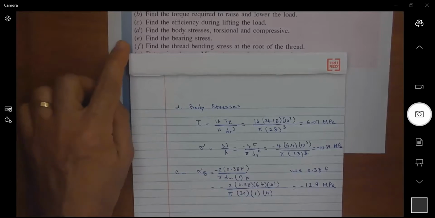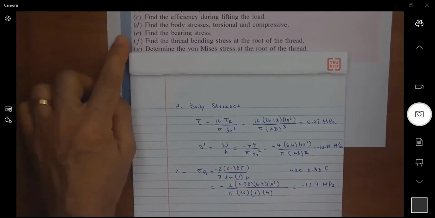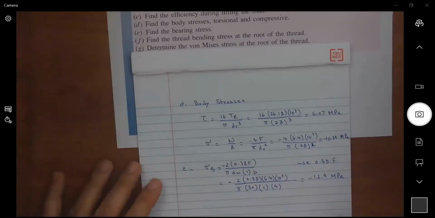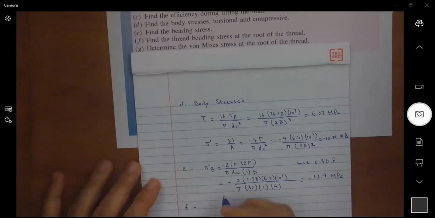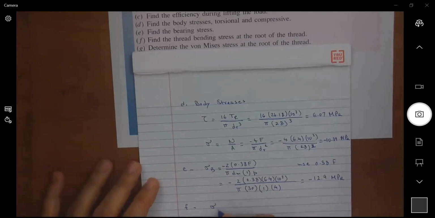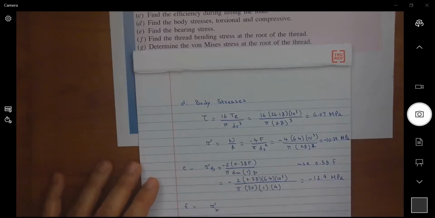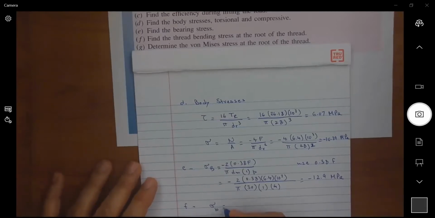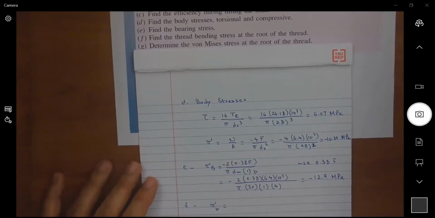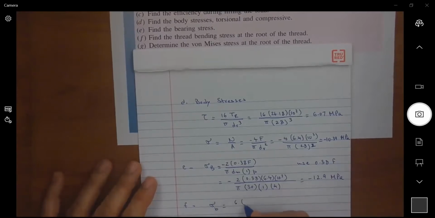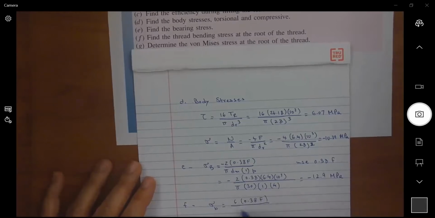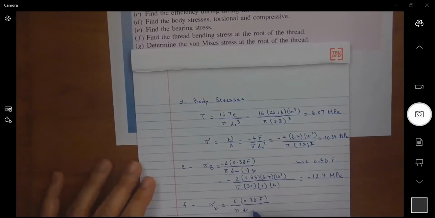Next, we go to finding the thread bending stress at the root of the thread. So here, we have this sigma bending is equal to 6 multiplied by 0.38F divided by pi dr nt.